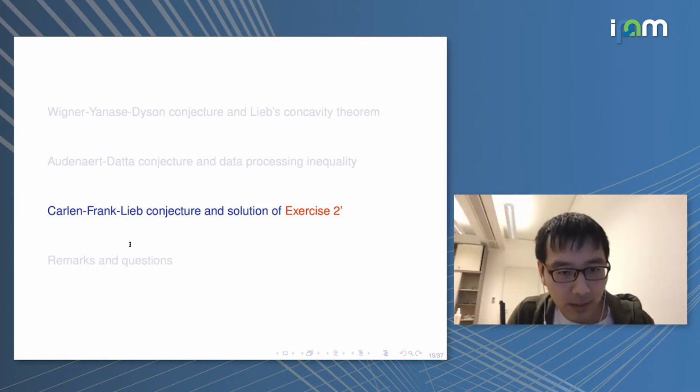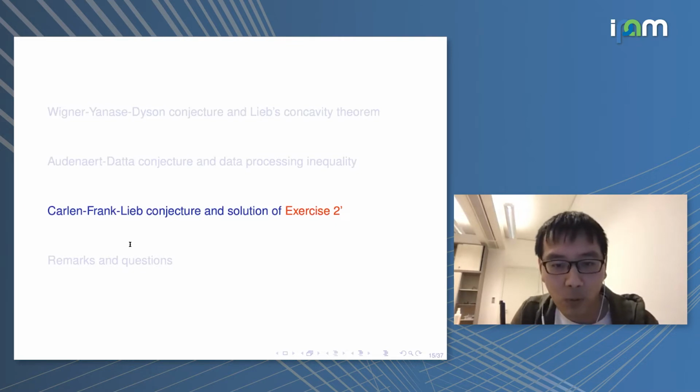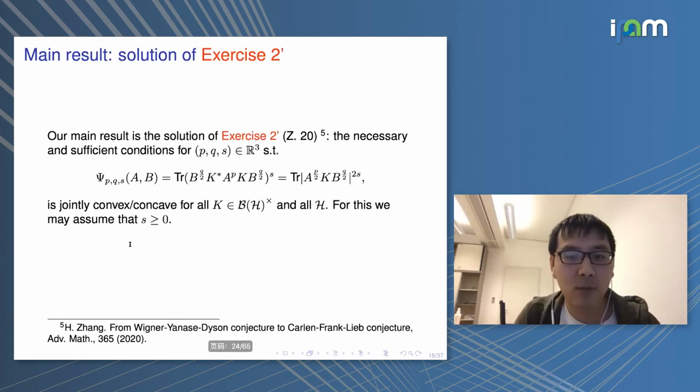Now let me move to the third conjecture and present the solution of exercise 2 prime. Before going to this conjecture, let me first show you what the solution of exercise 2 prime looks like, which is our main result.